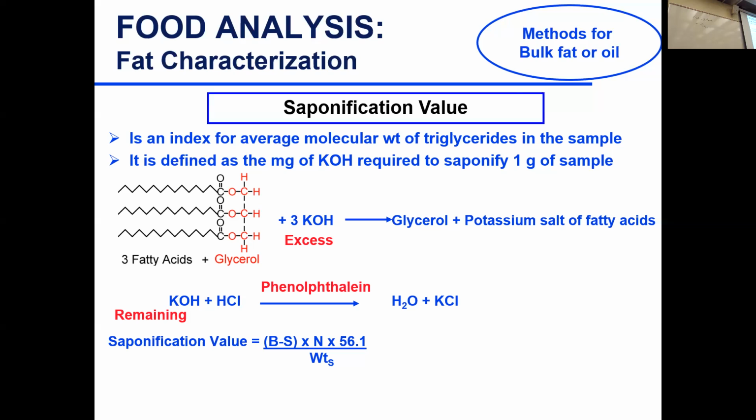So I don't need to correct milliliter to liter. And it's 1 gram of sample, so I only divide by the weight of the sample. I don't multiply by 100. So if you remember the definition, you will remember if you need 1,000 and 100. The important thing is to remember the definition.